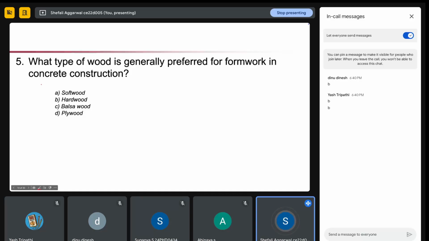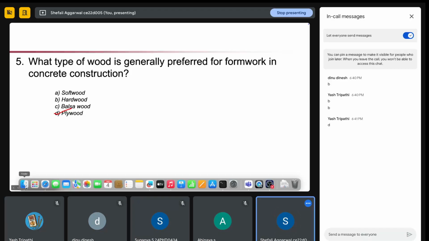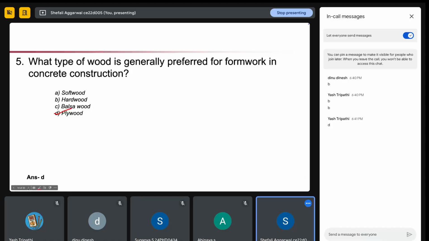What type of wood is generally preferred for formwork in concrete construction? Softwood, hardwood, balsa wood or plywood? D, plywood. Correct. Normally for formwork we are using plywood. Why are we not using softwood or hardwood?